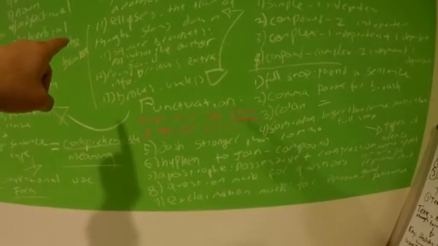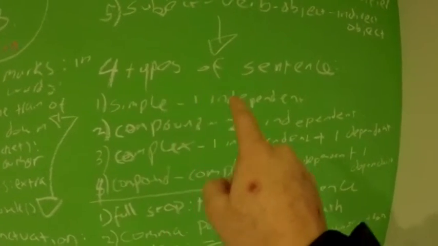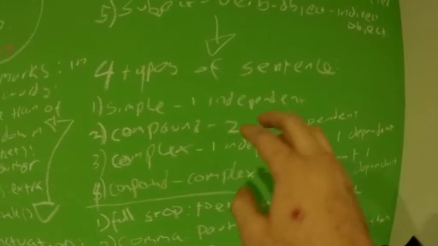Okay, so here we are, nearly at the end of our theory of English. So, from here to there is punctuation. That's what we're dealing with here. That's the topic of the day. If you remember, if you watched the other two sections, we ended here, where we were dealing with 4 different types of sentence, which are really just combinations of our independent and our dependent clauses.